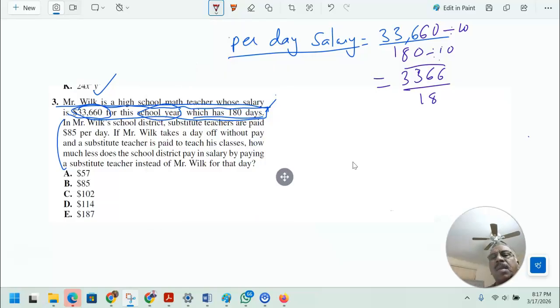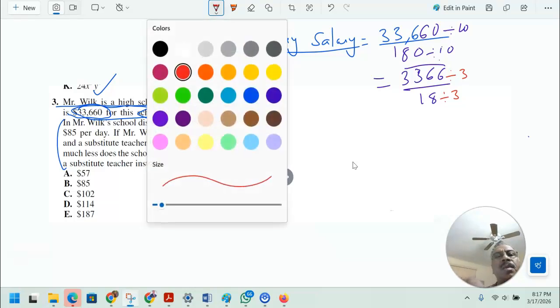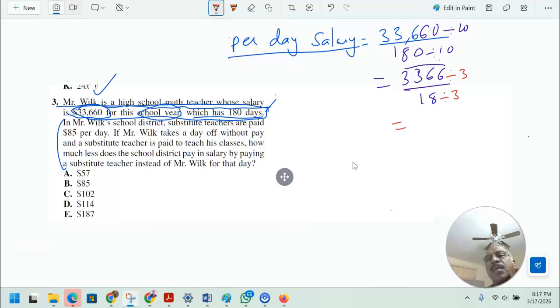So we can divide even the bottom ones, so divide 3 up, down. Of course, you can do this quickly in your mind also. So 3 goes 1 time, 3 goes 1 time, 3 goes 2 times, 3 goes 2 times. And this 3 goes 6 times. And then you can do a regular little division 1, 1, 2, 2.